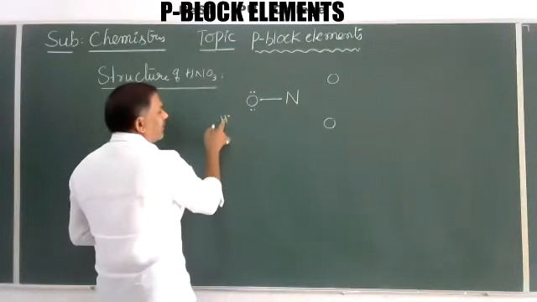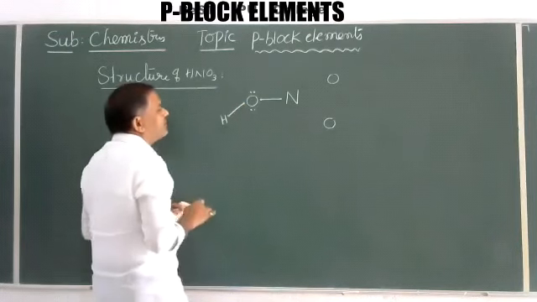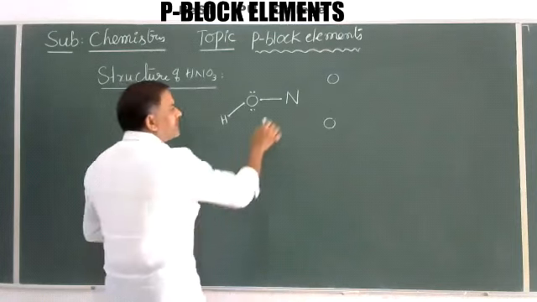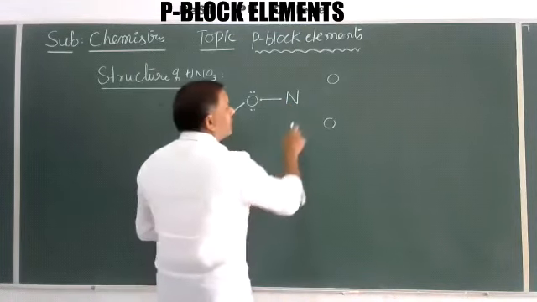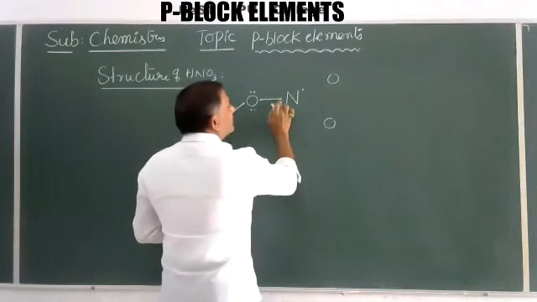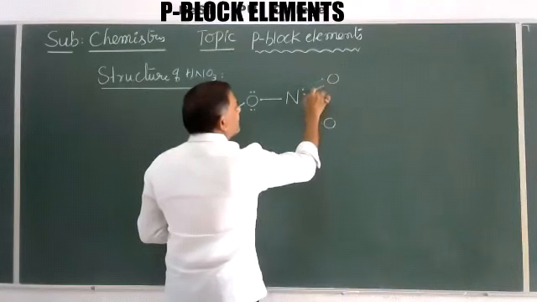Then the number of unpaired valence electrons is only 1, and again it is bonded with the oxygen. It forms one covalent bond. So around nitrogen, among 5, 1 is bonded. Remaining 4 are there. Already among 3 unpaired electrons, 2 unpaired electrons are bonded with this.